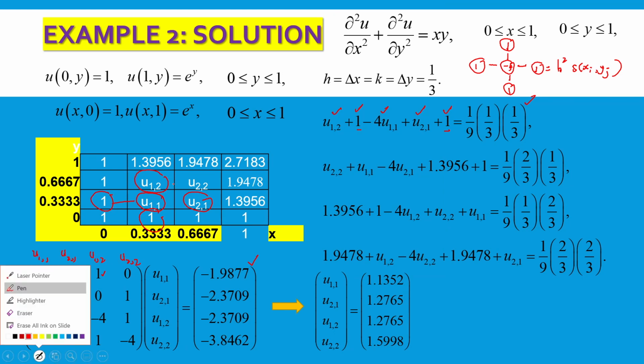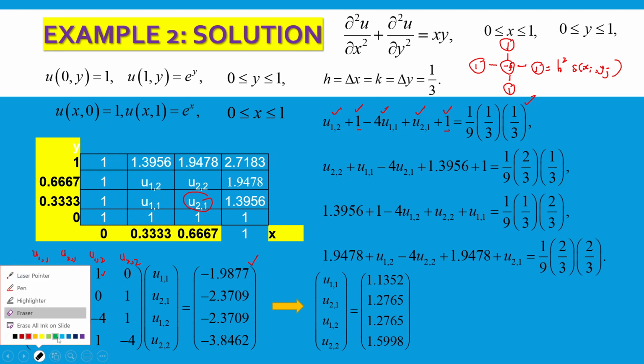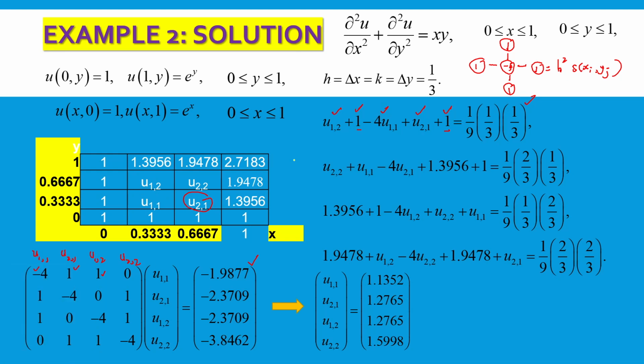After that, move the molecule one column to the right hand side, so the center will be at u21. So you have u22 one time, u11 one time, center -4 u21.